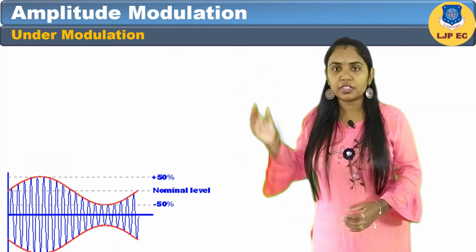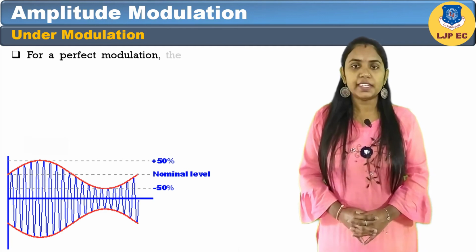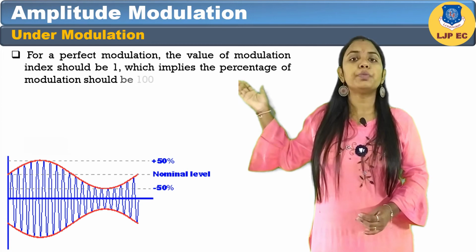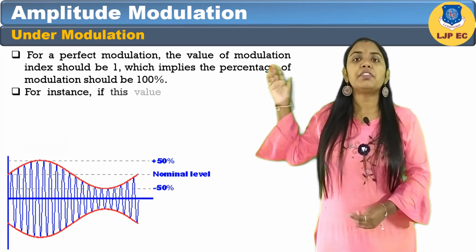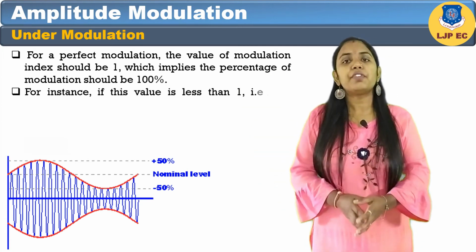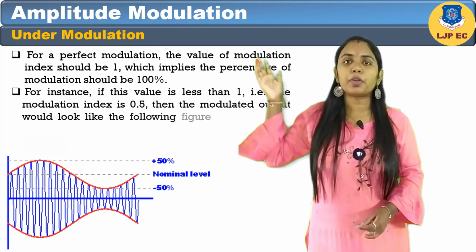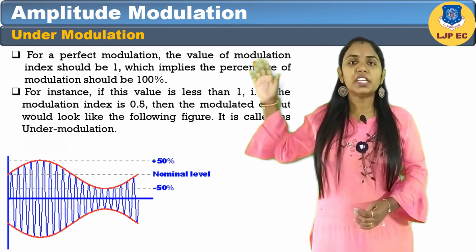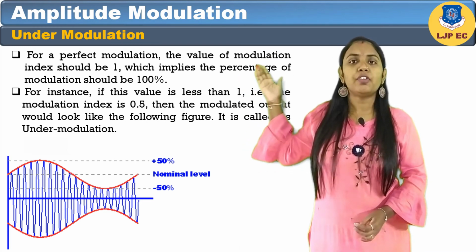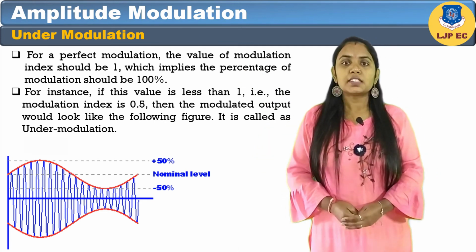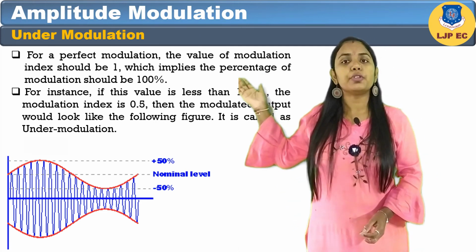For a perfect modulation, the value of modulation index should be 1, which implies the percentage of modulation should be 100%. For instance, if the value is less than 1, for example the modulation index equals 0.5, then the modulated output would look like the following figure. It is called under modulation. Such a wave is called an under modulated wave.